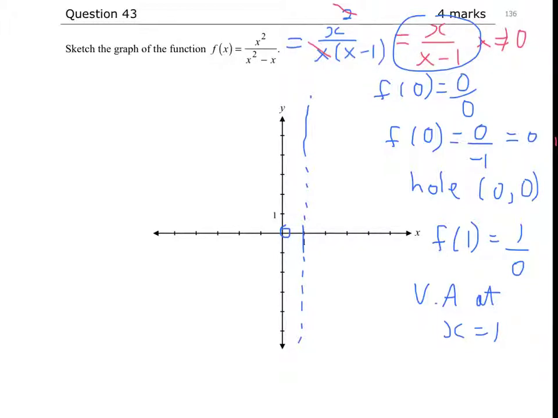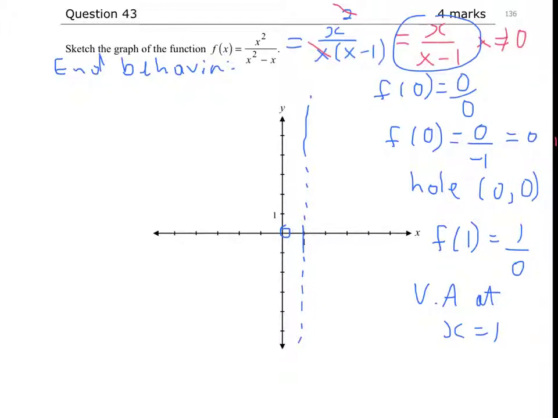The second thing I want to look at is the end behavior of this graph. And by end behavior, I mean as x gets really, really big, and in calculus we'll learn about the limit as it approaches infinity. But as x gets really, really big, what happens to y? And what happens to the graph? So in order to look at end behavior, we only need to consider the largest exponents in our graph.